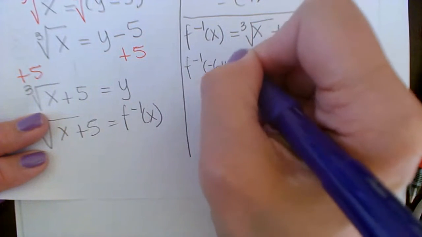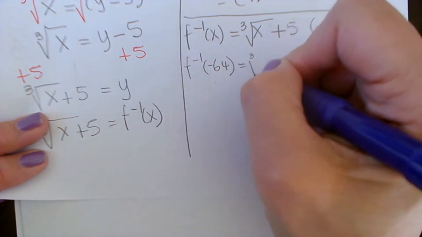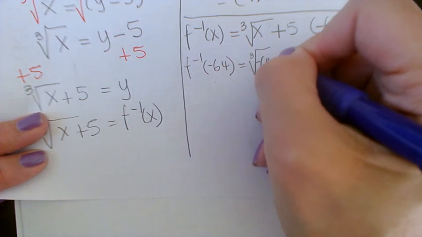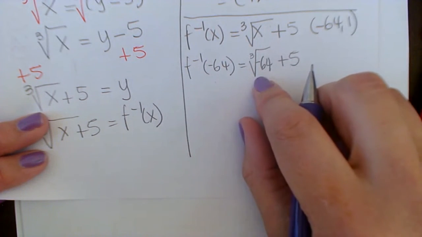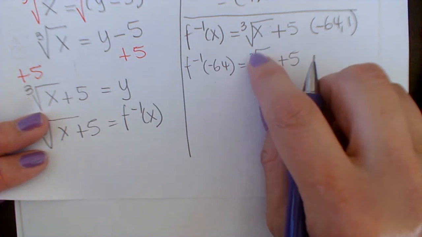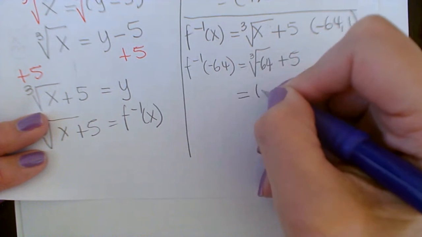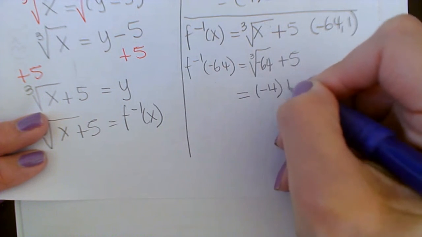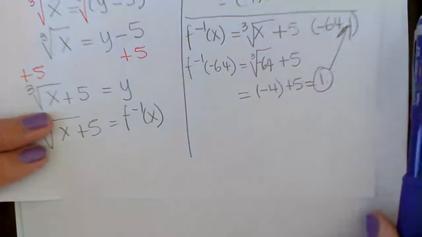When x is equal to negative 64. So what's the cubic root of negative 64? Remember, it could be negative because it's cubic. Okay, that's going to be negative 4 plus 5, that's 1. It's the same as this one.